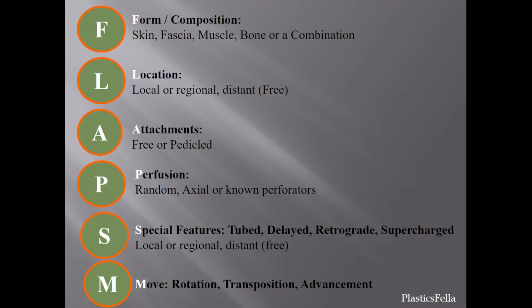L is location. They can be local, regional, and distant. And of course, it's understandable that if they are local, they're not free flaps, and if they're distant, usually they're free flaps, or free flaps are grafts. A is attachments. Free or pedicle.